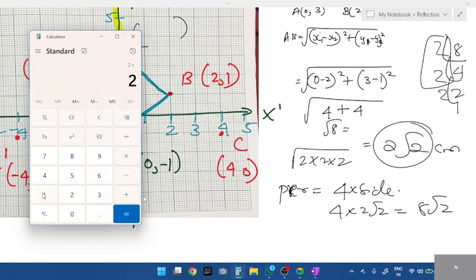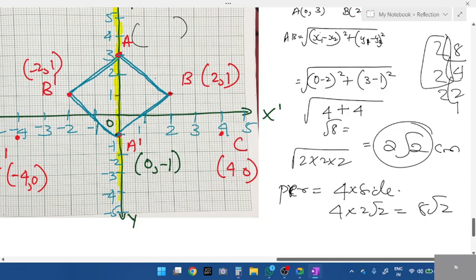What is the root 2 value, students? 1.732, right? 1.414 or 1.732? That is root 3. So what do you get here? 2 into 1.414. What's the answer? 2.82. On the scale, are you getting 2.8, Naomi? Less than 3? Yeah, you should get less than 3, 2.8, so this is the answer.